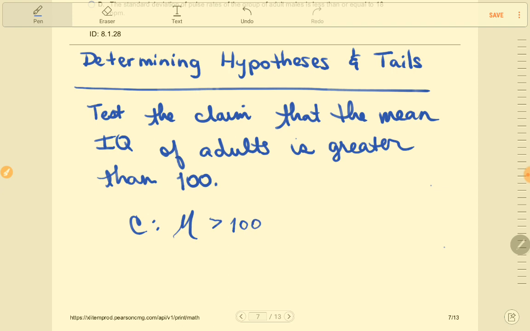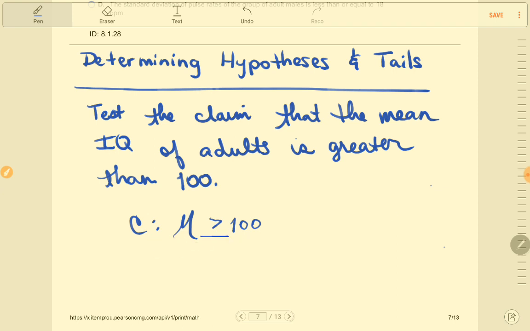Notice that whenever we do the claims in symbolic form, we never use the sample statistic symbol. So I'm not testing a claim about the sample mean being 100, because that wouldn't make sense. We're using a sample to determine whether we think a claim is true about the population. So we always state our claims with the population parameter symbols.